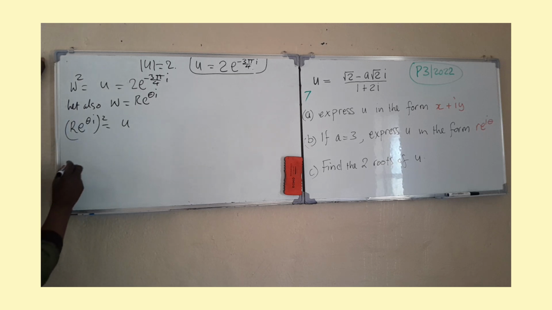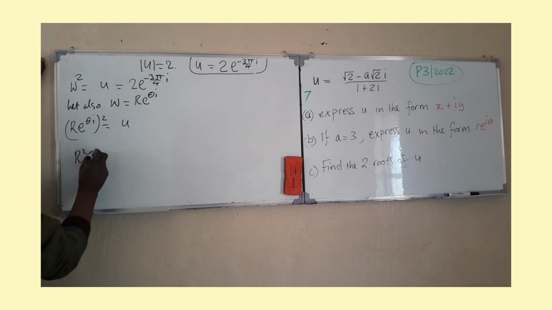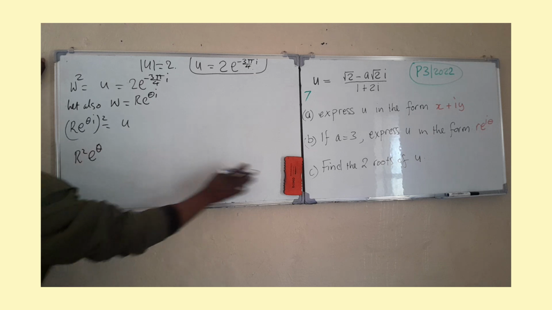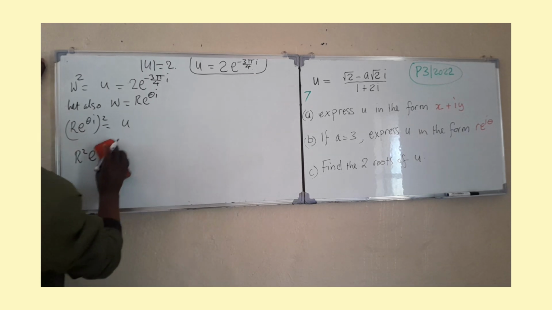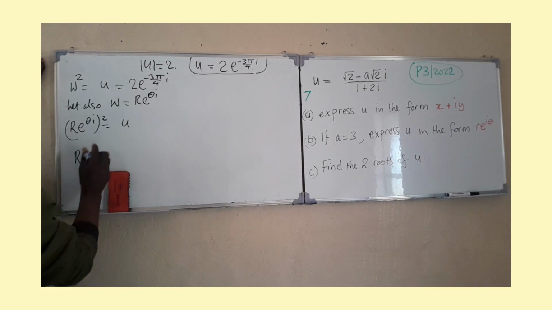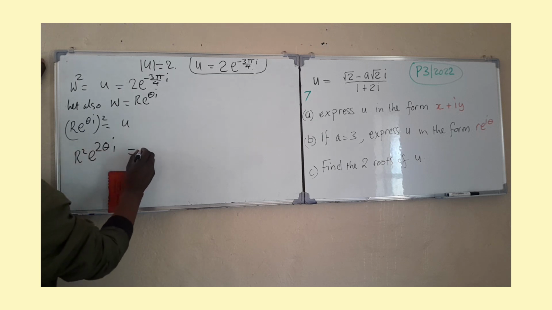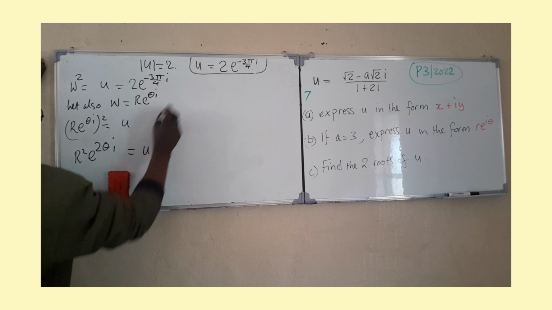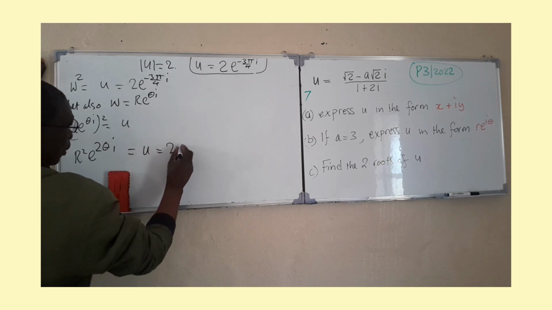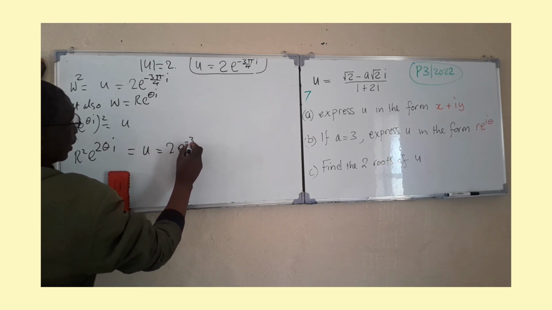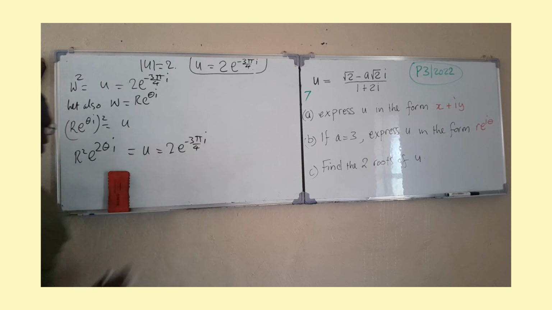We can remove our brackets there and say R squared e to the power 2i theta is equal to our u, which of course is equal to 2e to the power minus 3 pi over 4 i.